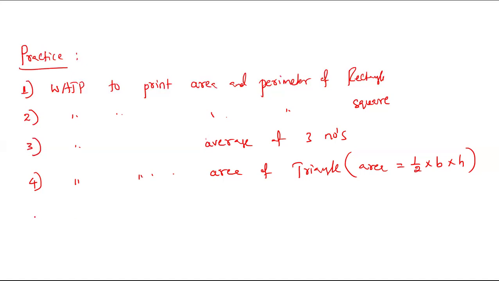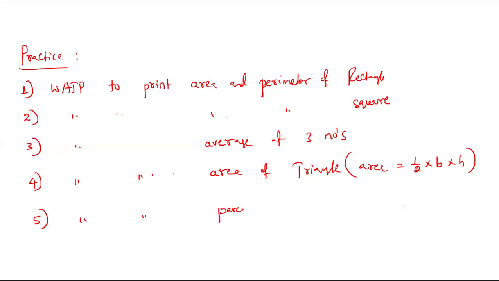Okay. The next, so one thing, area of a triangle, I gave the formula. Followed by, write a Java program to print the percentage of three subjects. Percentage of three subjects, where we'll be having three subjects, mostly in our intermediate.